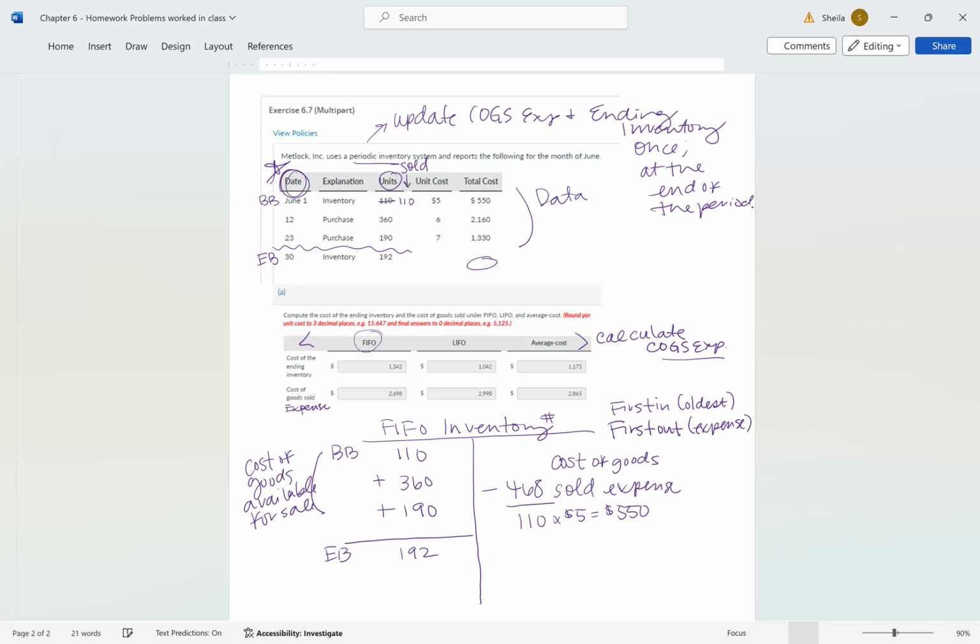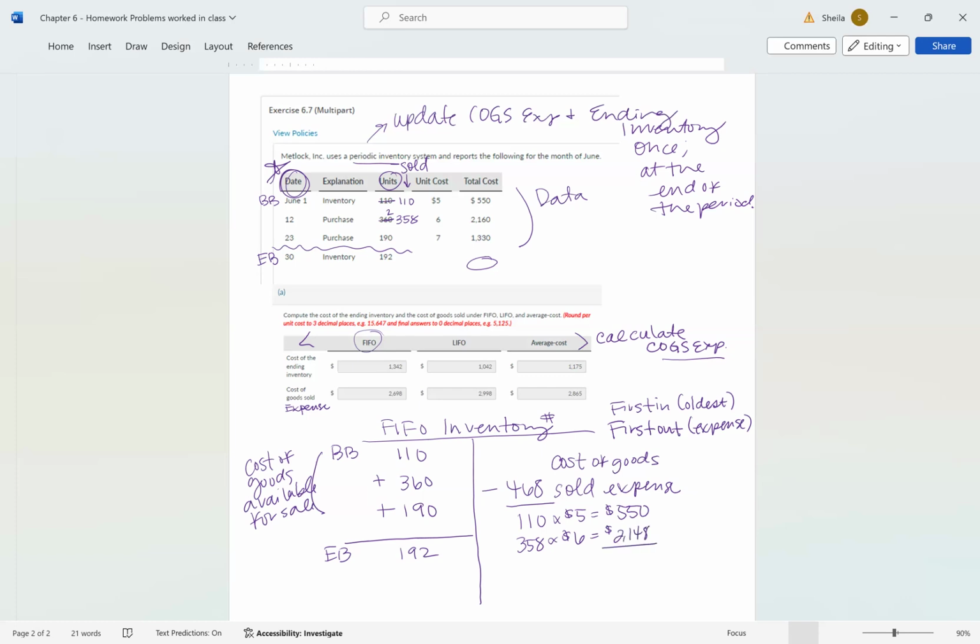Now, if I sold 110 of those 468 out of the $5 bucket, how many are left to come out of the $6 bucket? Well, I need 358, which means I only have 2 left. So 358 at $6. And if I multiply that, I get 2,148.